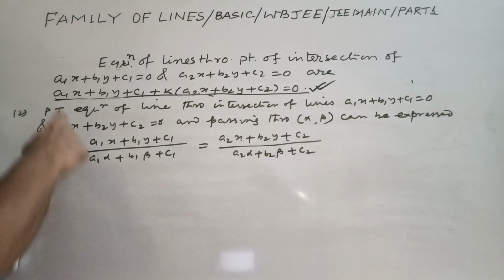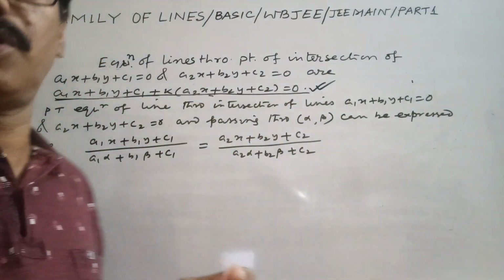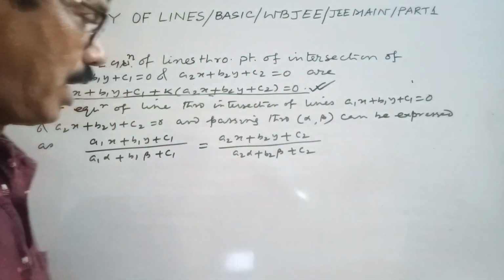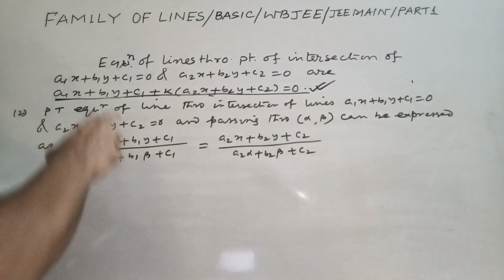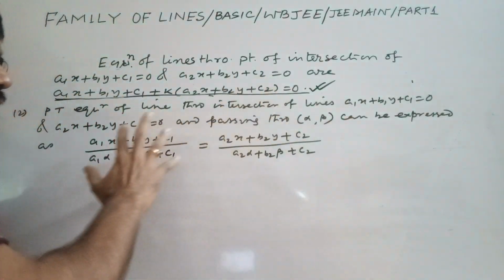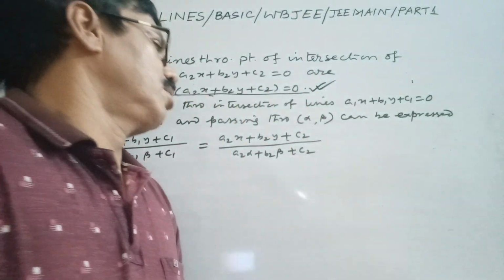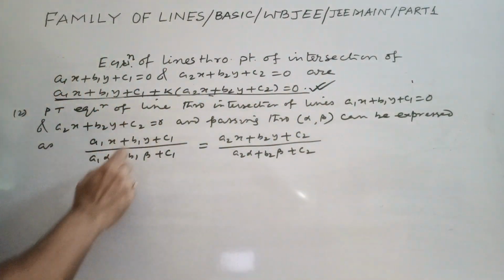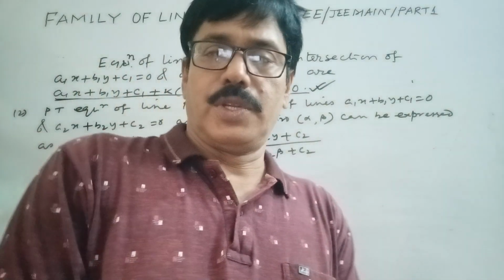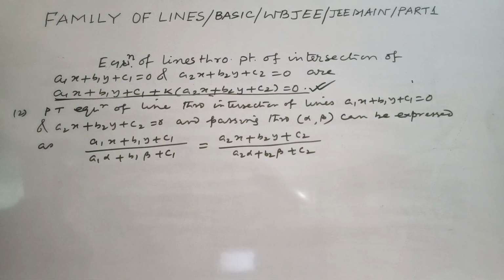Then you get one point, and another point is given, so you can find the equation by the two-point formula. But you have to put the result in this form. So if you use this method, it will be lengthy and very difficult to get the proof in this form. So we use theory here.